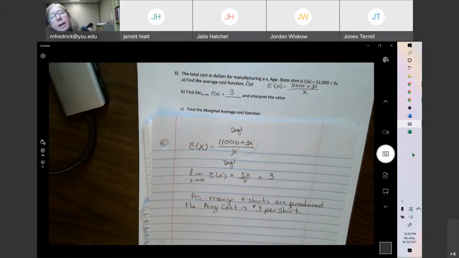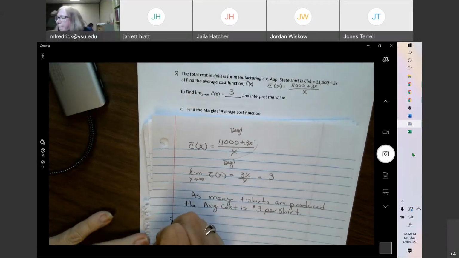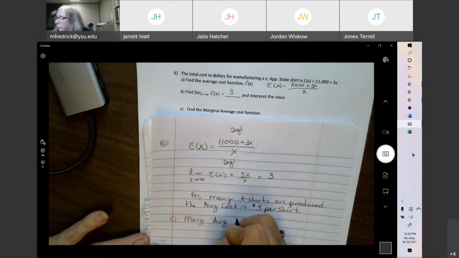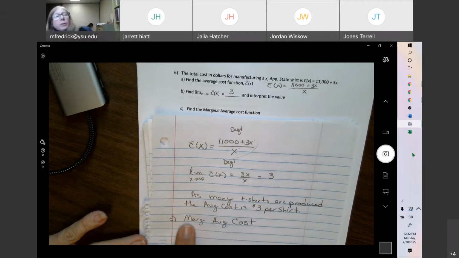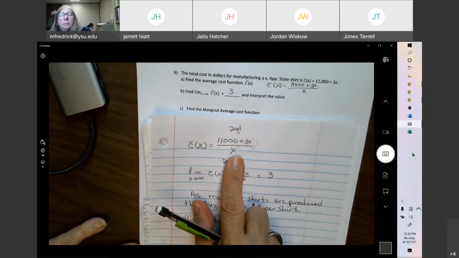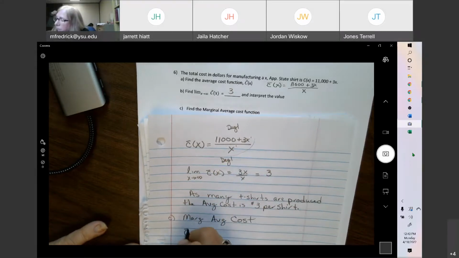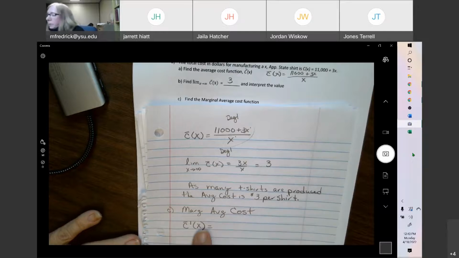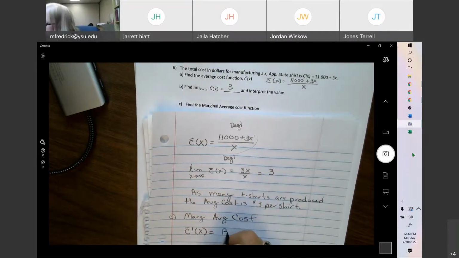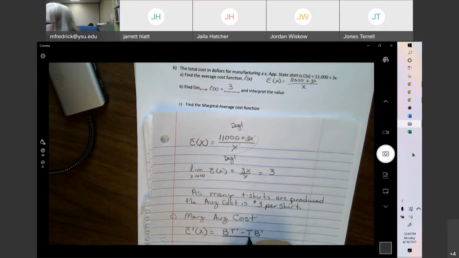Find the marginal average cost. Marginal means derivative, average cost means this one. So I want to take the derivative of it. Remember, it's bottom times the derivative of the top minus the top times the derivative of the bottom all over the bottom squared.